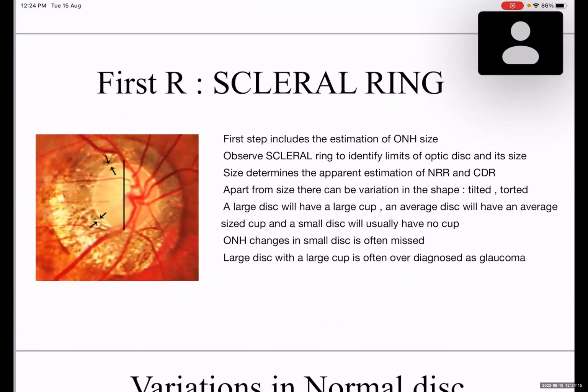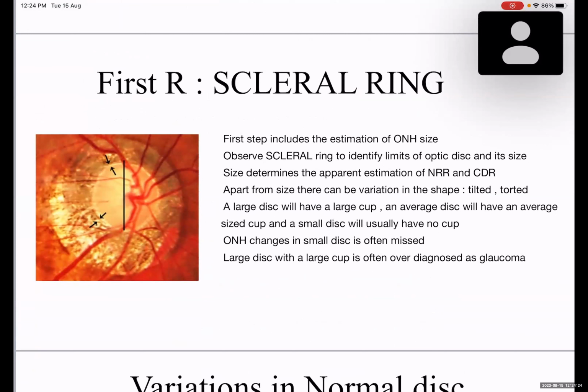Size determines the apparent estimation of neuroretinal rim and cup disc ratio. A large disc will have a large cup, an average disc will have an average size cup, and a small disc might not even have a cup. Optic nerve head changes in a small disc are often missed. A large disc with a large cup is often overdiagnosed as glaucoma.